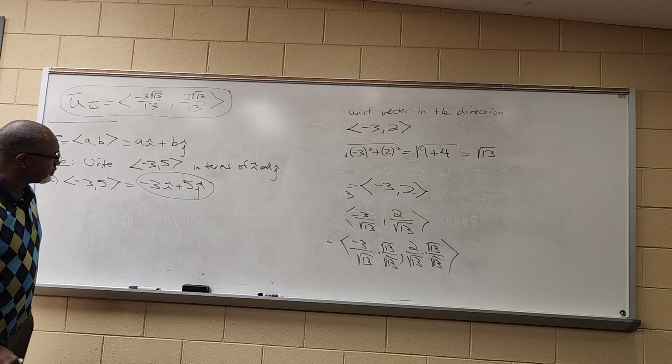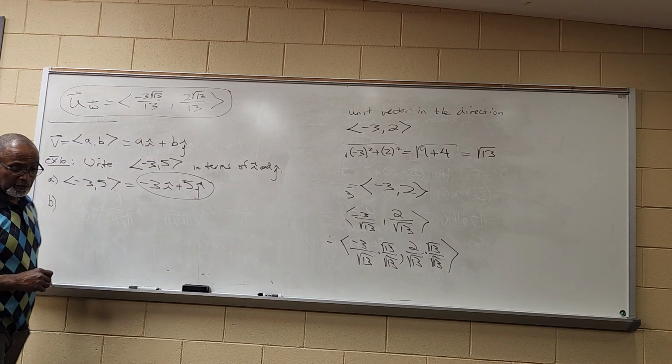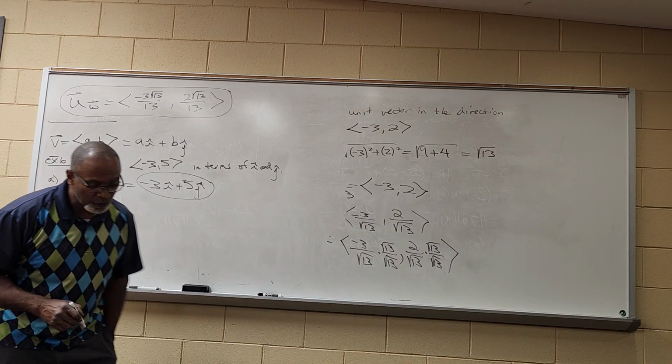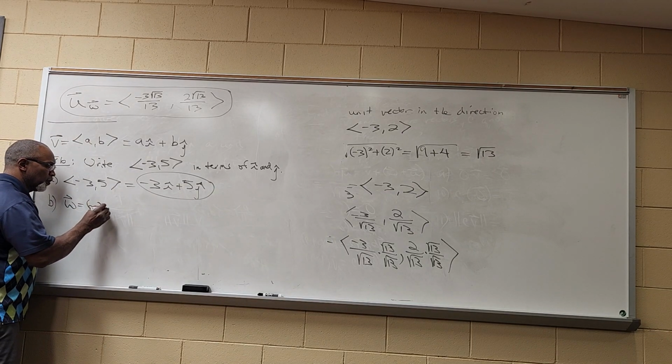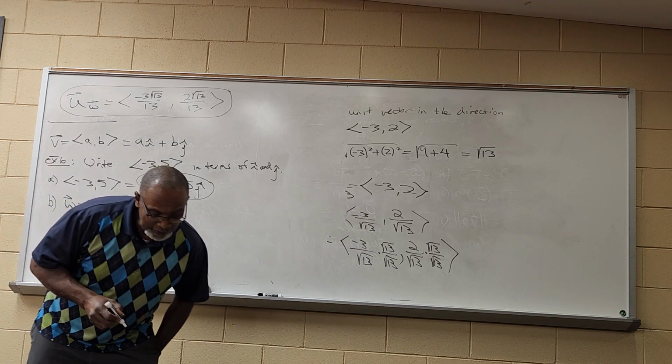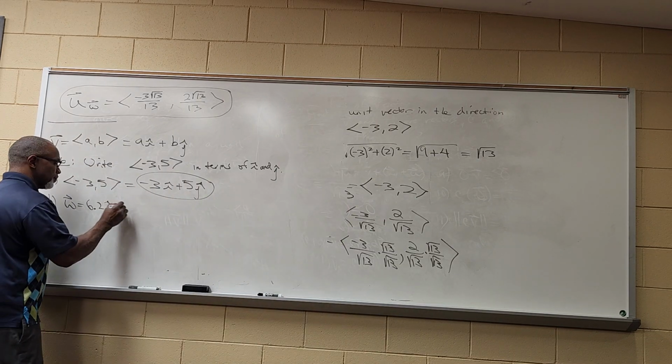Part B says, given vector w equals 6.2i minus 3.4j.